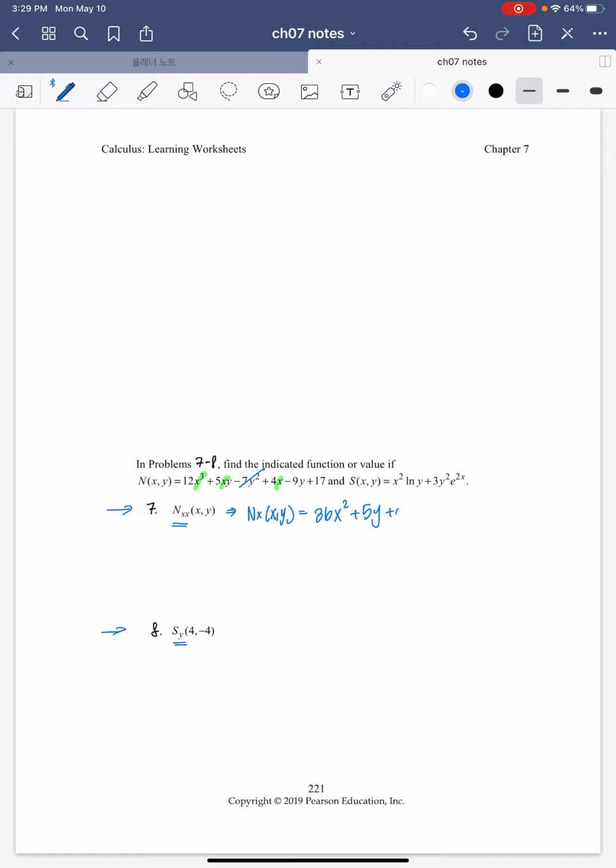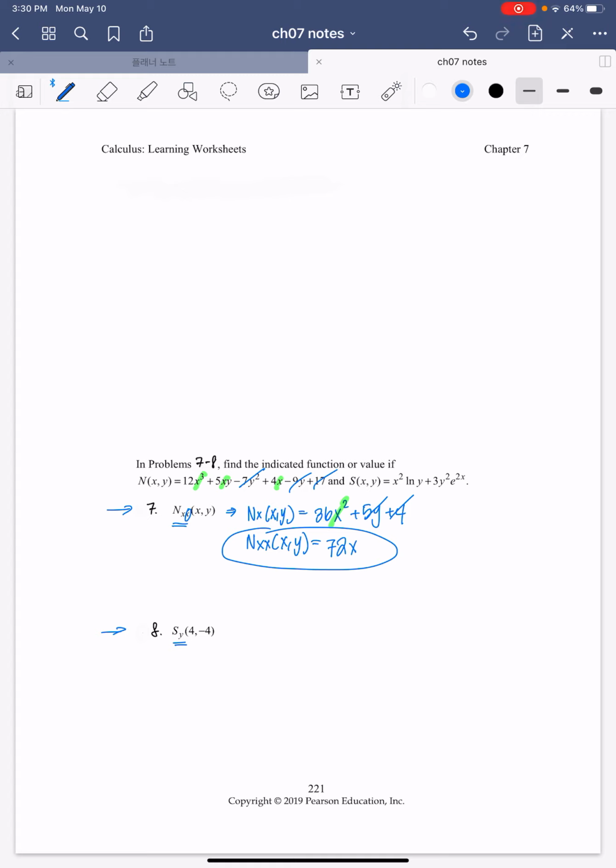And then plus 4, constant. So 36x squared plus 5y plus 4. We need to take one more second derivative with respect to x again. So from this, again, I'm going to highlight the x term and take the derivative. So this will be 72x, and then the remaining one will be just constant. Okay, so my final answer will be just 72x.